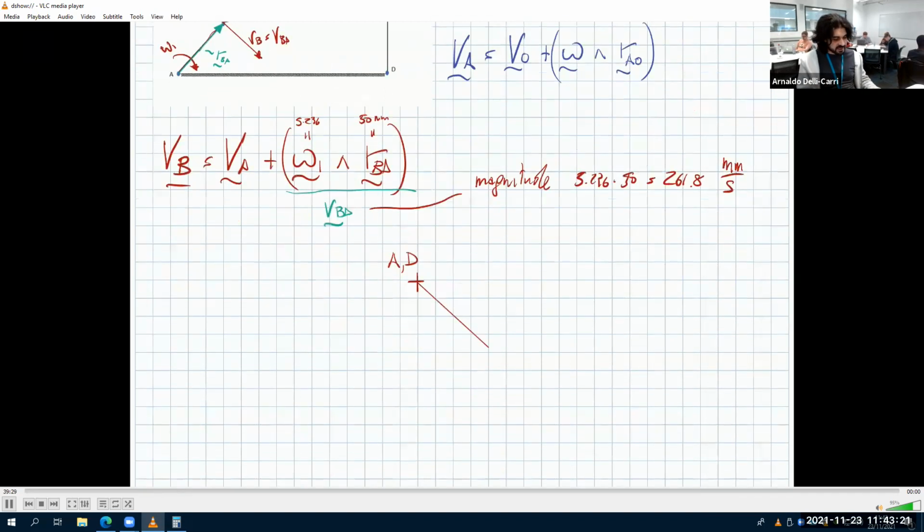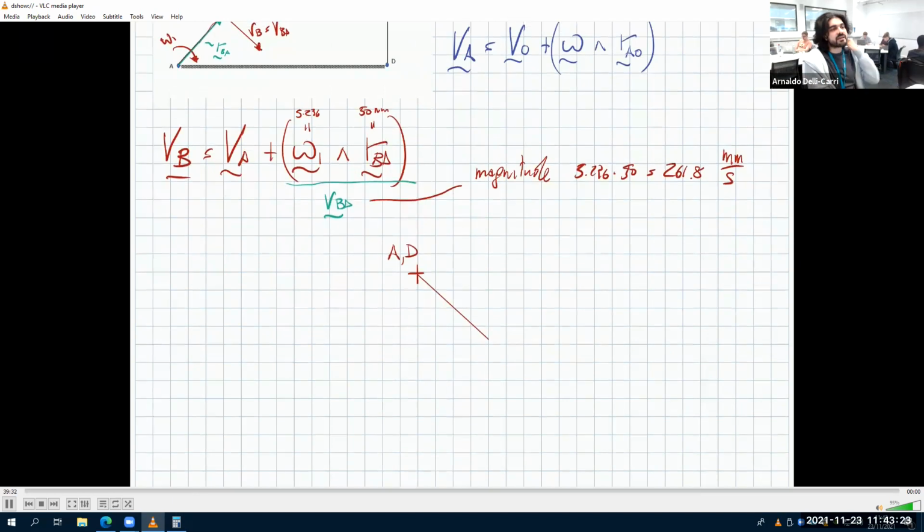And so let's say that you have chosen that 1 centimeter is 100 millimeters per second. So use a scale factor. Let's say that 100 millimeters per second is 1 centimeter on paper. So that means you have to draw a vector that is 2.6 centimeters.